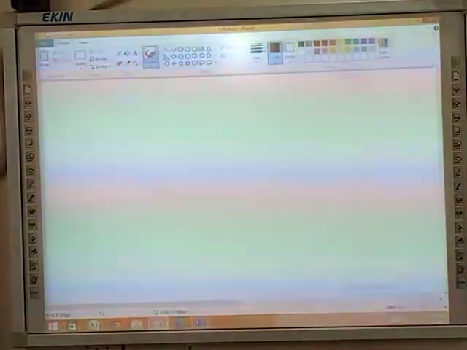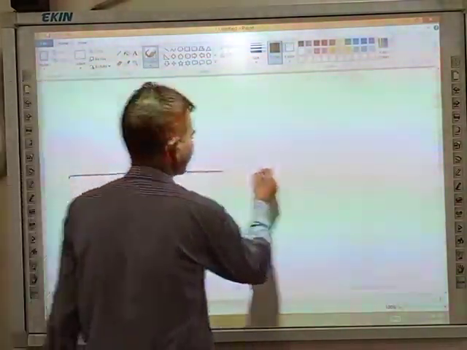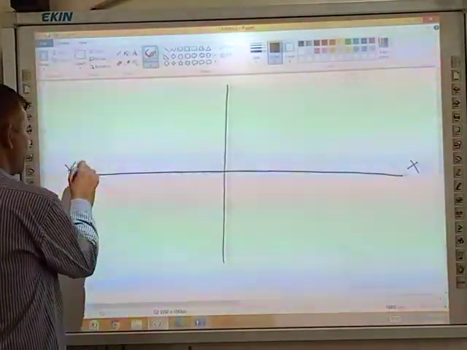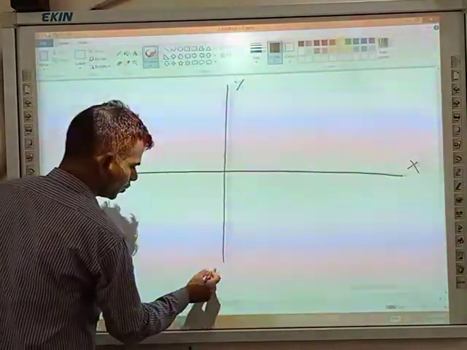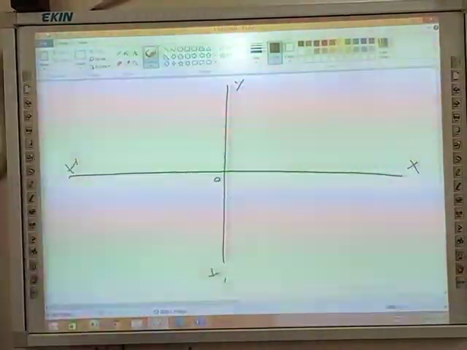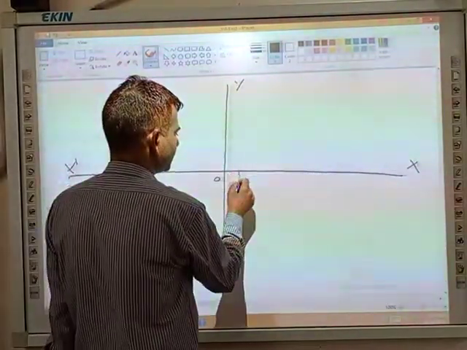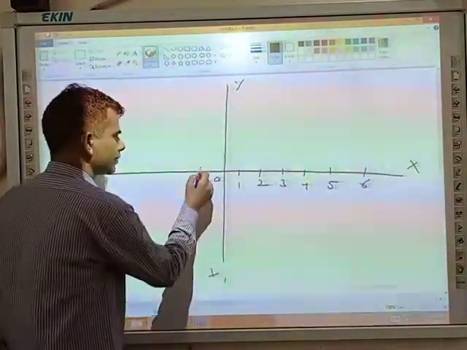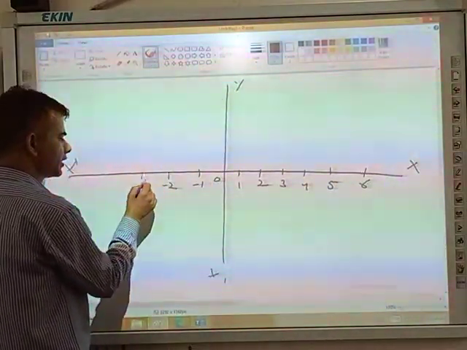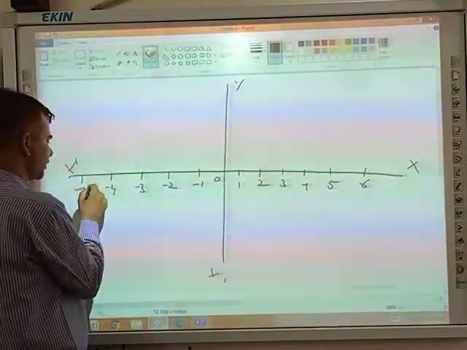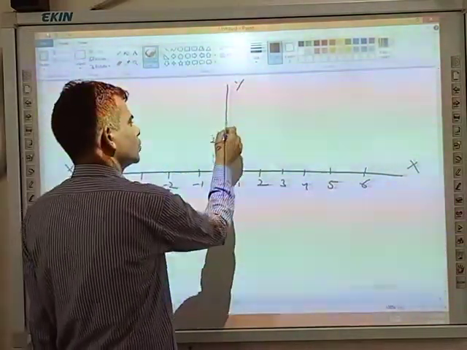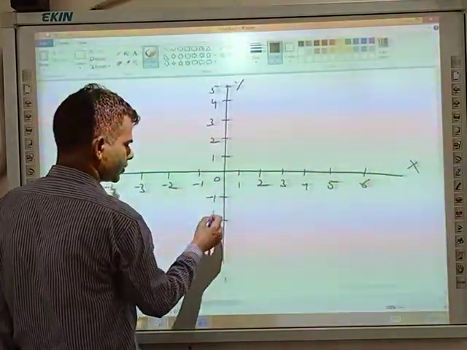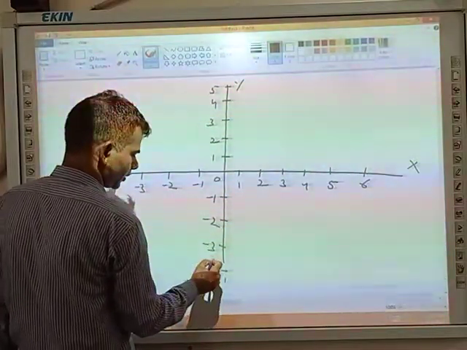And draw the Cartesian plane, X dash, Y dash. Now students, mark 0, 1, 2, 3, 4, 5, 6, and minus 1, minus 2, minus 3, minus 4, minus 5.